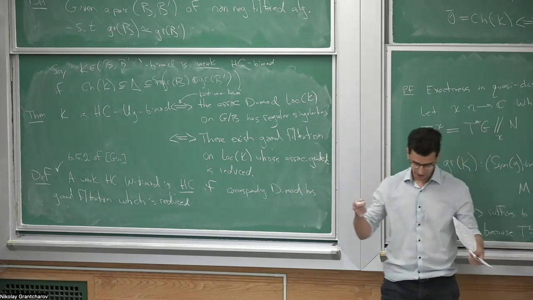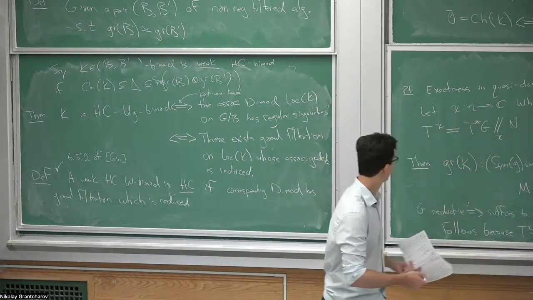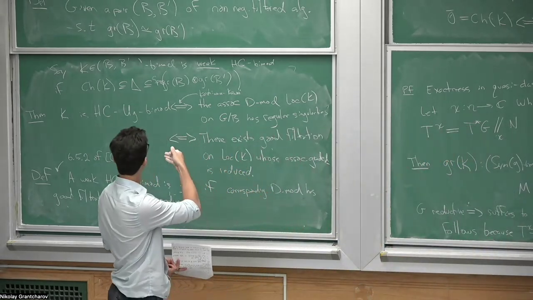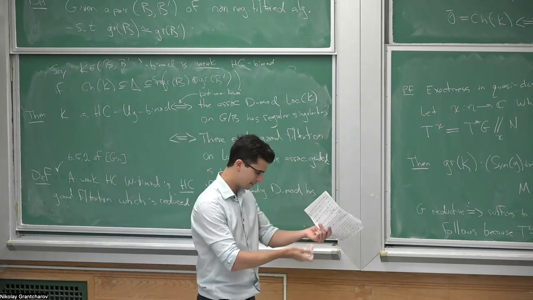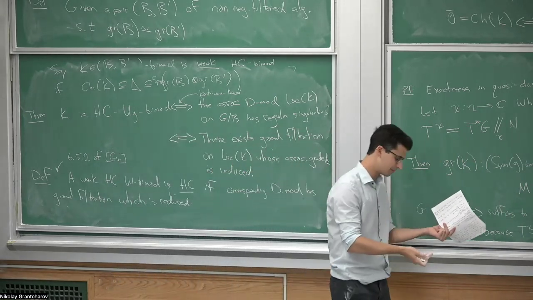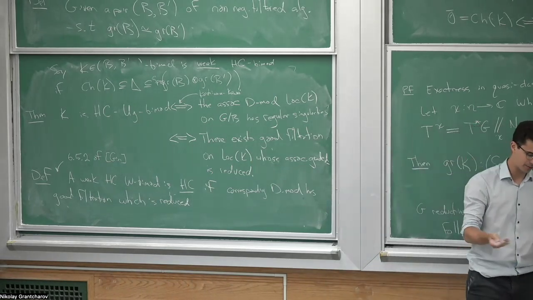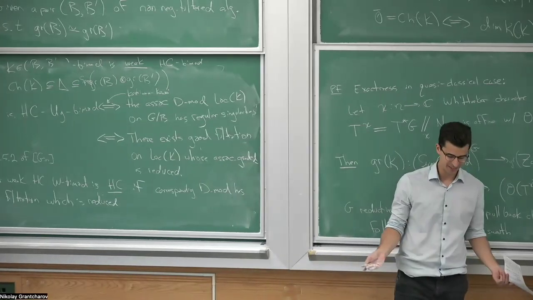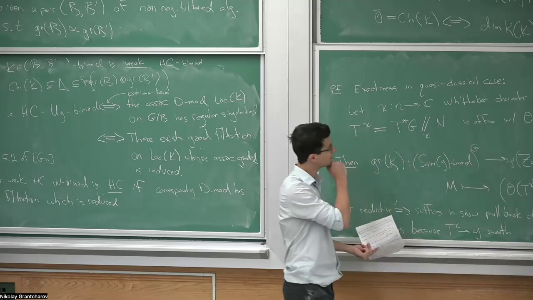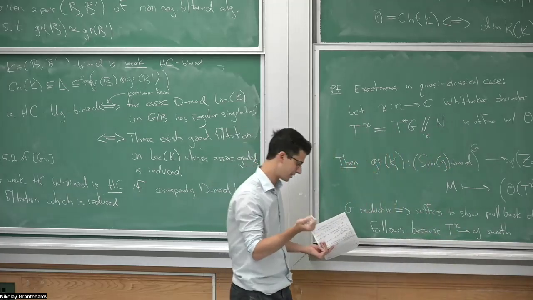It is this Harish-Chandra assumption, that it's locally finite at Gx, which ensures that these filtrations are actually bounded below. That's one technical difficulty.